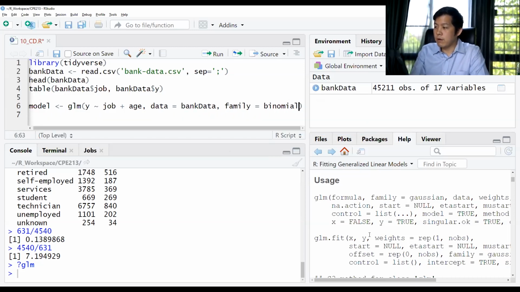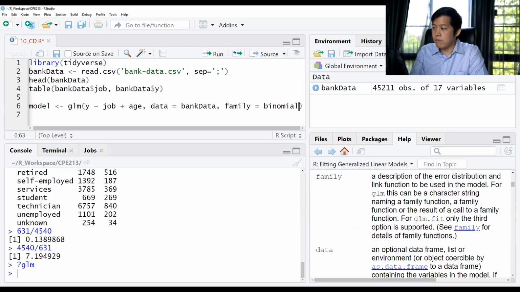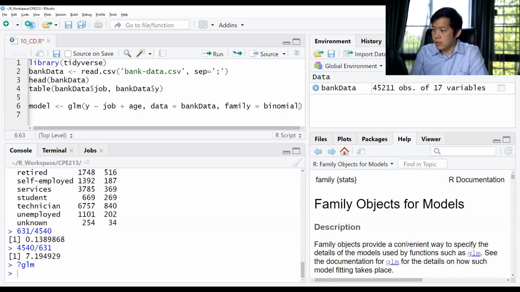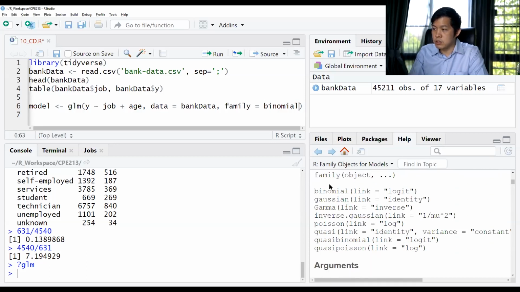Now we use the binomial family. I'm going to show you here that when you click on this family object, you can choose between binomial, Gaussian, or Poisson if the data itself has a Poisson distribution, or inverse Gaussian, gamma distribution. So there are multiple types here.